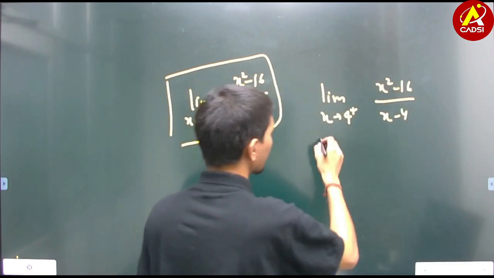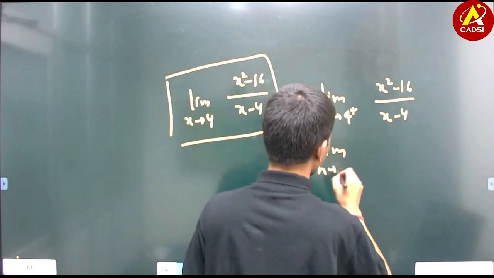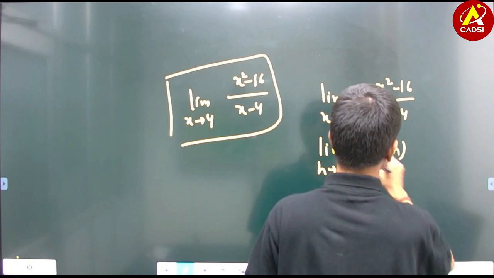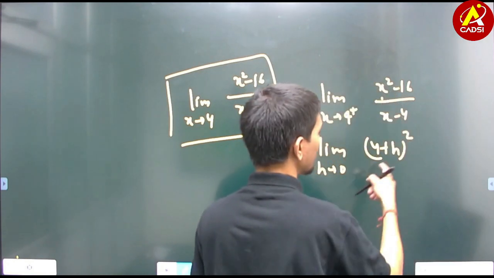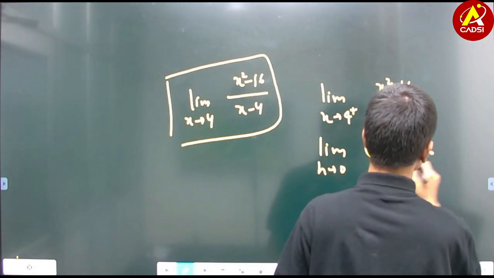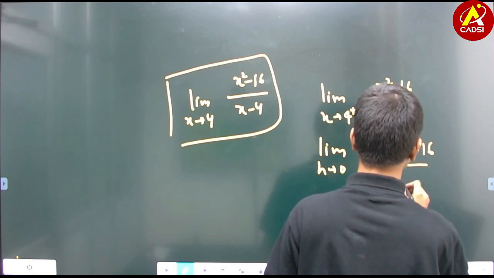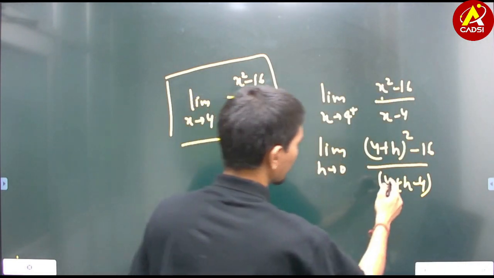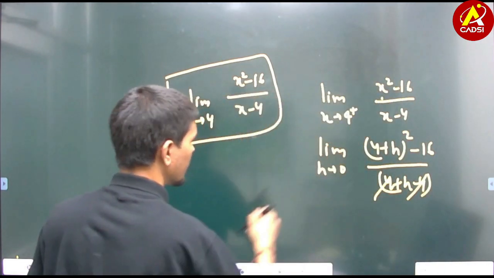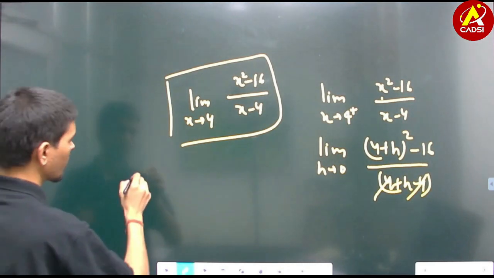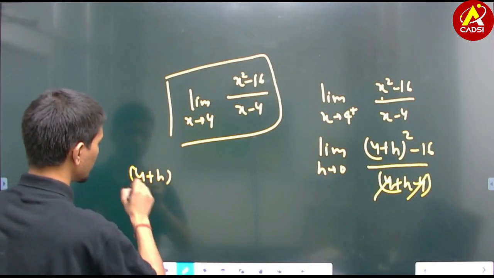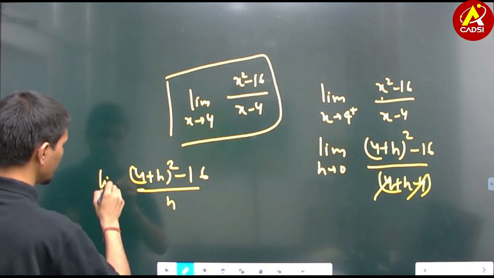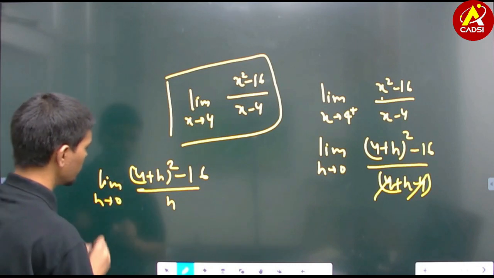Limit h tending to 0, x can be replaced by 4 plus h, and 4 cancels, so we get ((4 plus h) square minus 16) upon h, limit h tending to 0.